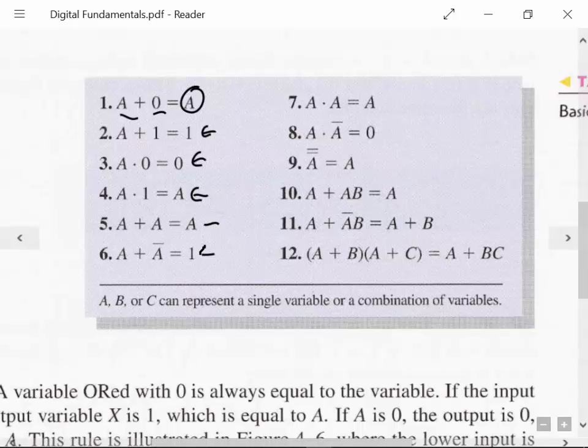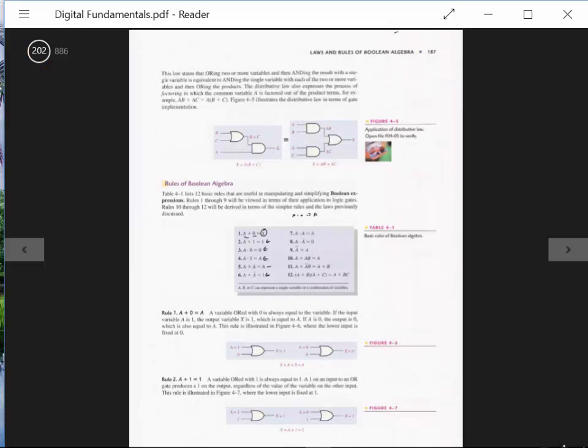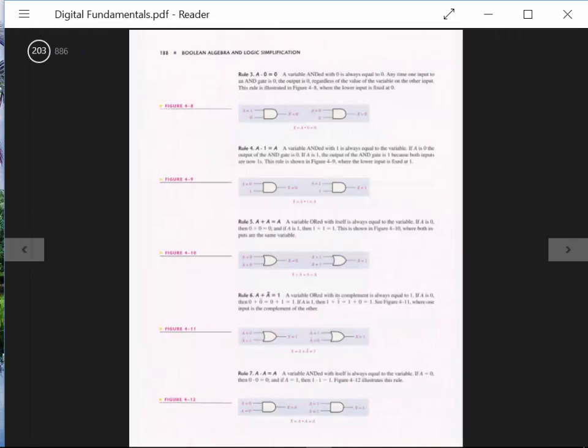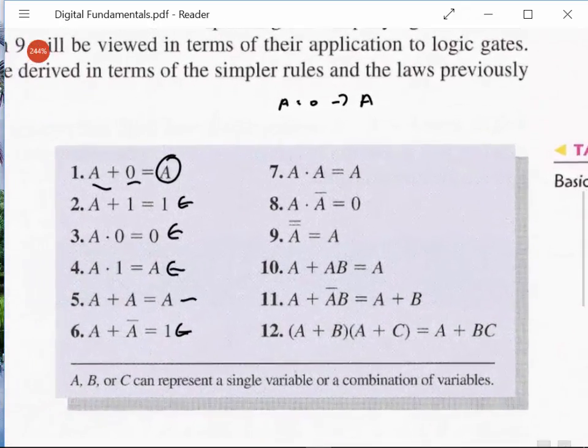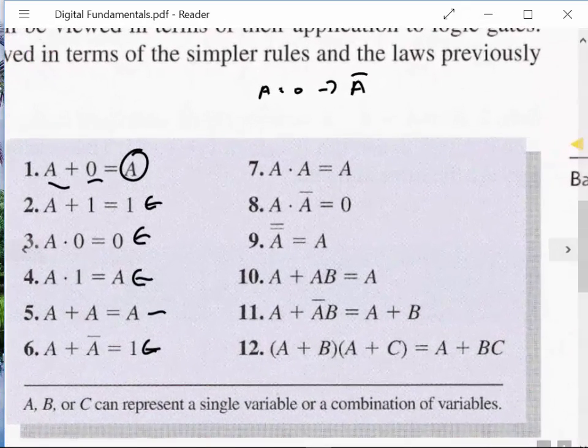If we OR something with its complement, A plus A naught, we're going to get out a 1. That one's not quite as obvious, but if you think about it, if A is equal to 0, then A naught is equal to 1.